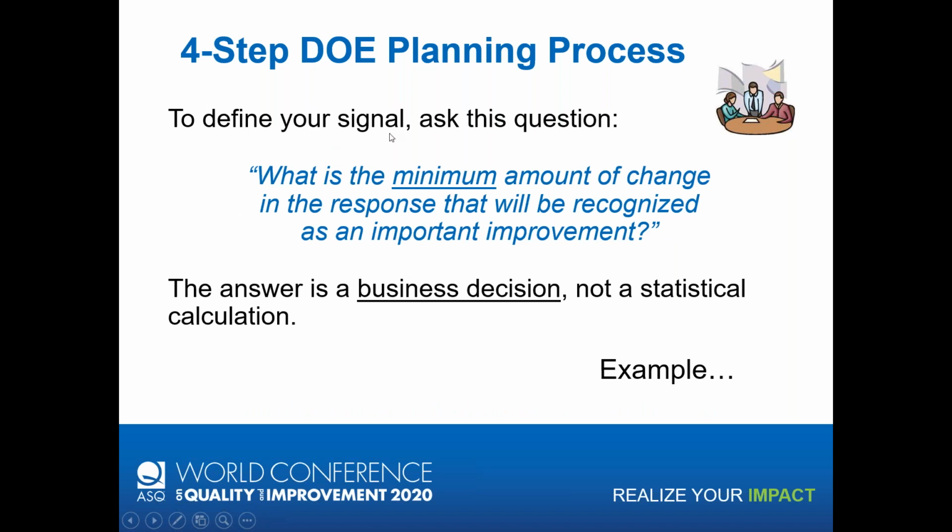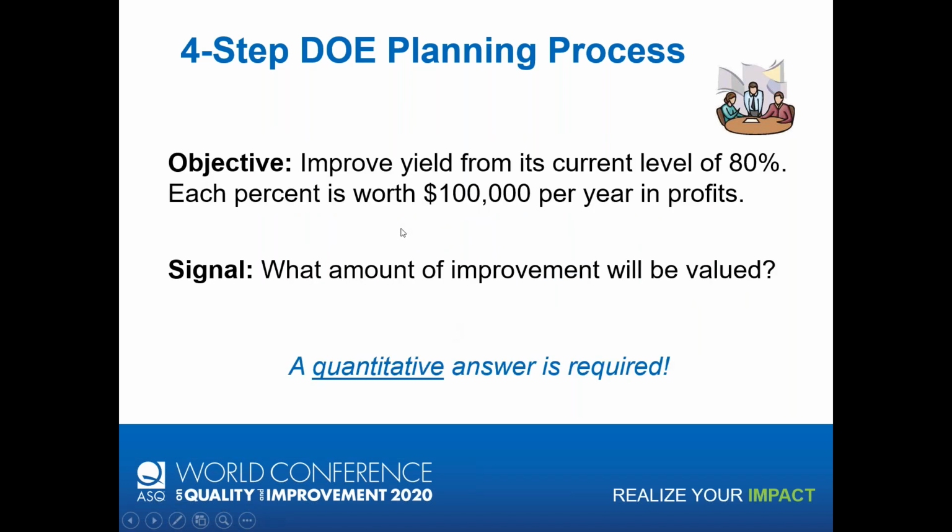To define your signal, ask this question. What is the minimum change in the response that would be recognized as an important improvement? It's a business decision, not a statistical calculation. So as an example, another example, let's say we needed to improve yield and its current level was 80%.